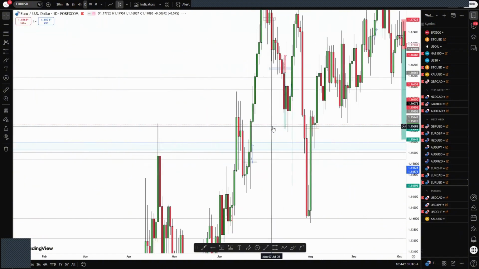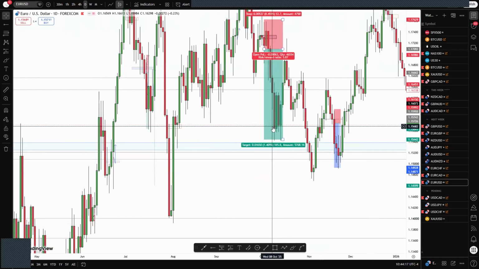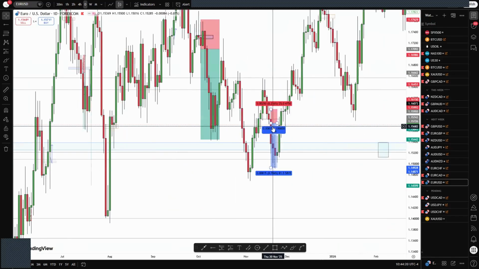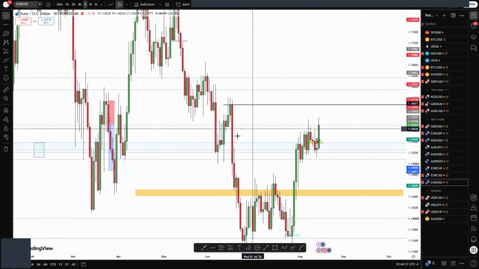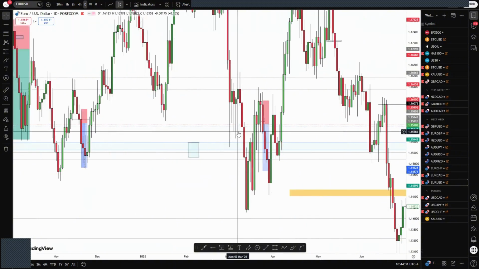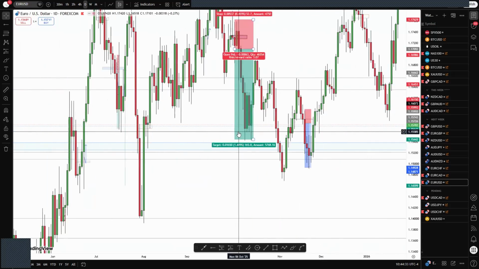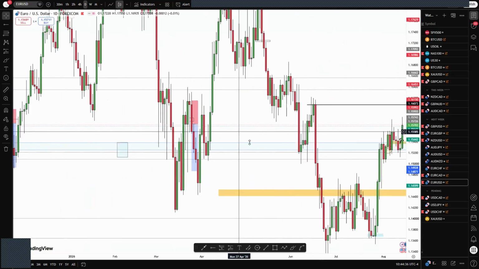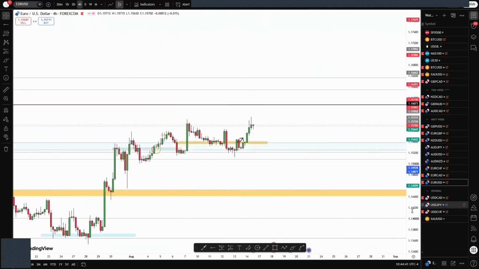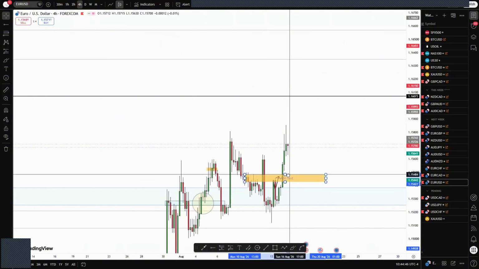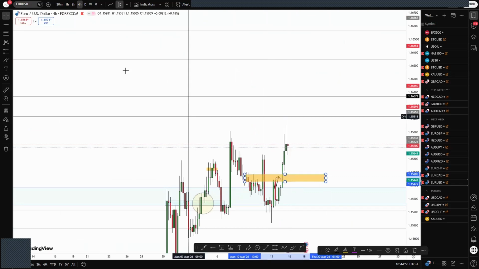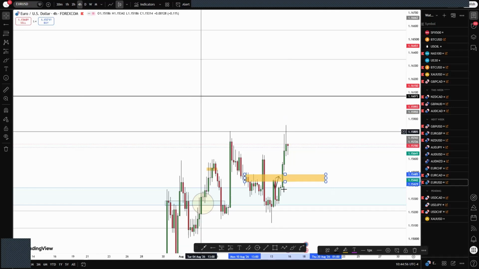Are we at the OG levels? And price on the lower time frame is now bullish.